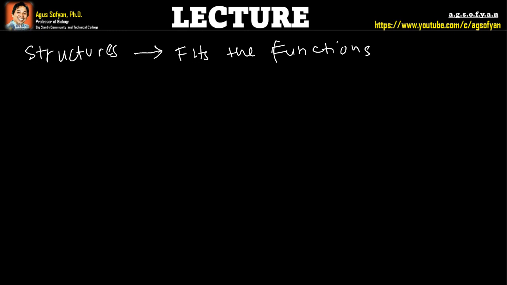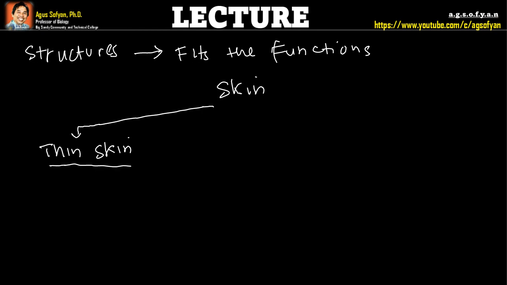Now, what is the structure of the skin? First, we have to know that there are two types of skin. The first one is the thin skin, and the second one is the thick skin.